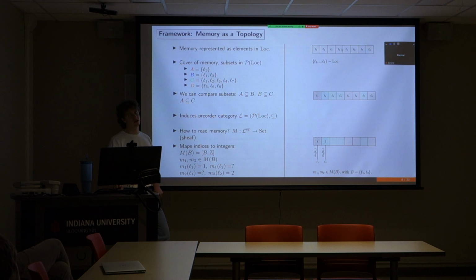Exactly. But it sounds like there's no reason you're not taking m1 to be a total map from A to integers. I think your picture for m1 is just the very leftmost bit of that picture.